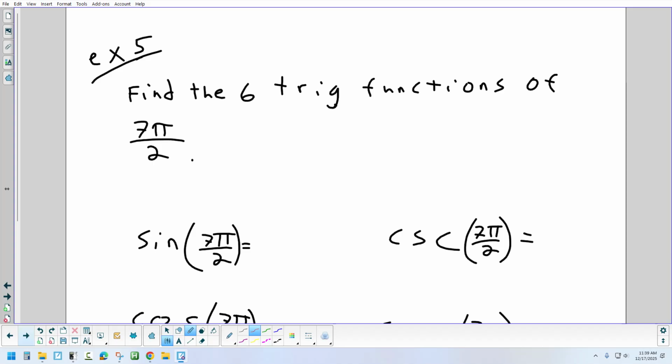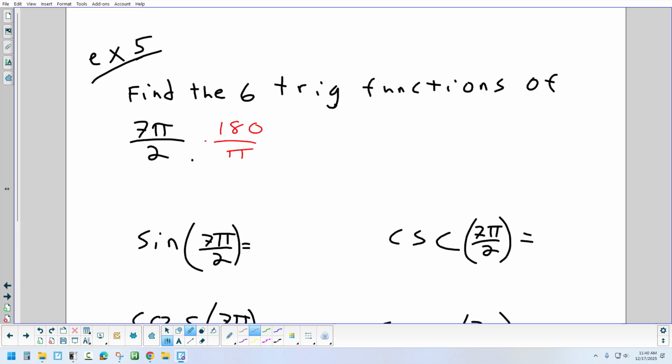If you're not comfortable with it in radians, then you need to change it to degrees. It might be bigger than 360. We'll see. How would you change that to degrees? Multiply by 180, divide by pi.